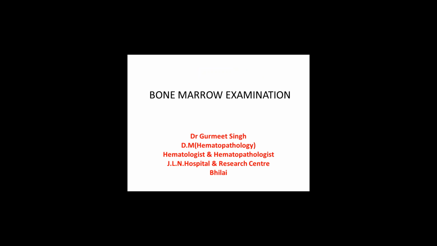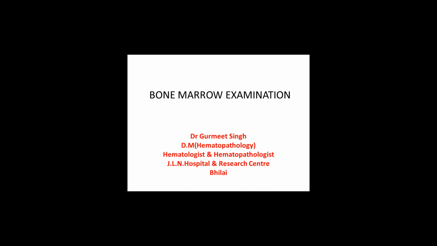Bone marrow examination, as we all must be doing it regularly. Now, these are pretty basic things in which I'll cover what the cells look like, and what things we should keep in mind while reporting a bone marrow. We'll start with the indications, how to do a bone marrow, and the needles, I'll show you some of the needles that are used.